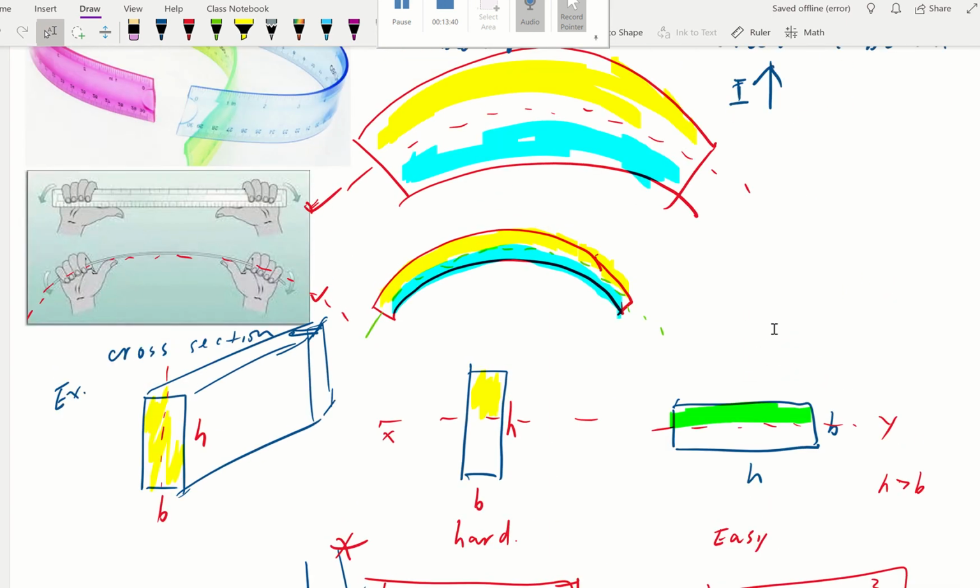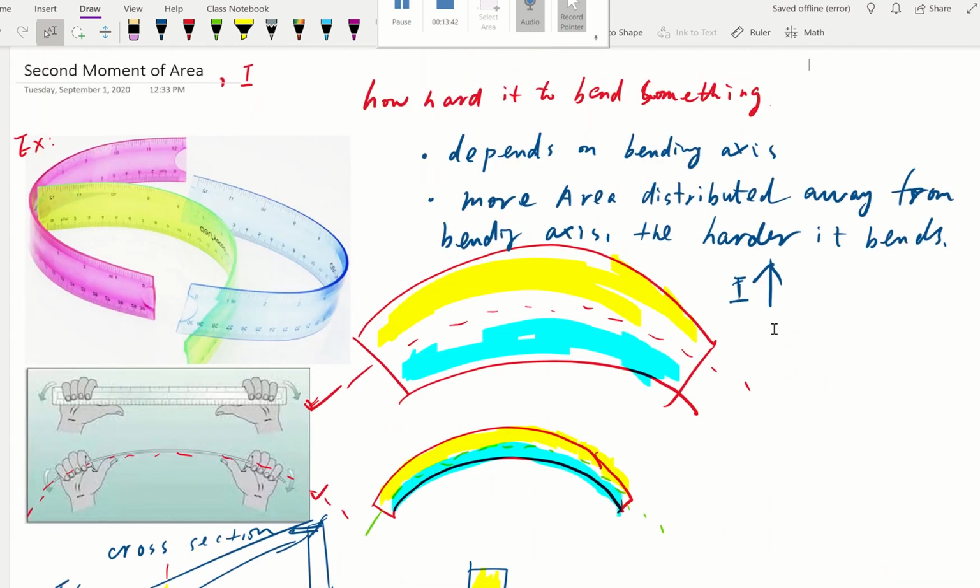So a quick recap, it tells the property of how hard it bends, and you realize it depends on the bending axis. If there's more area away from this bending axis, it's going to be way harder, right? Just think about the yardstick.